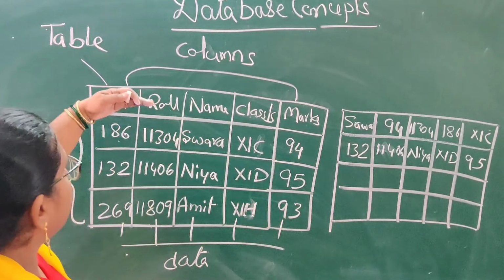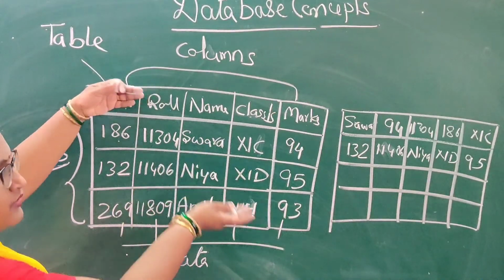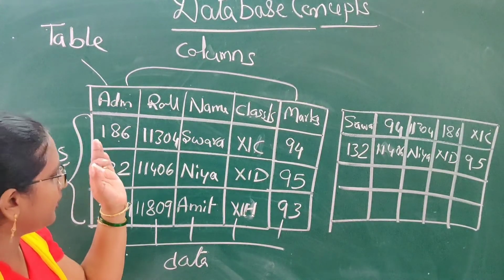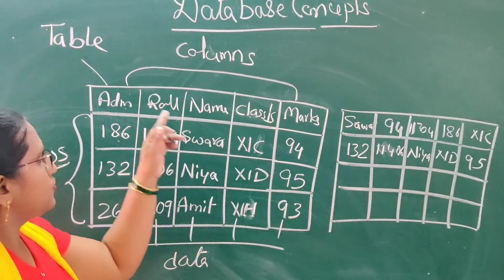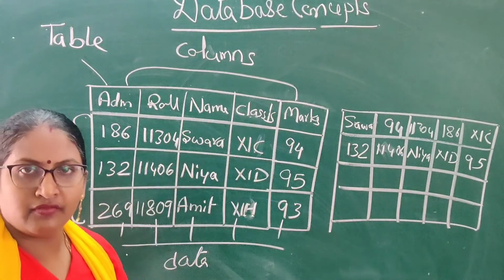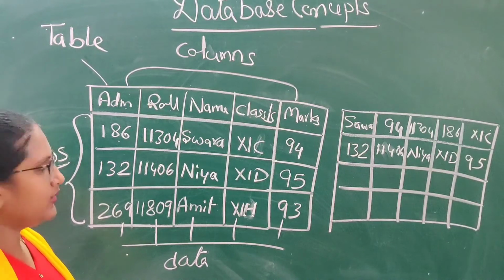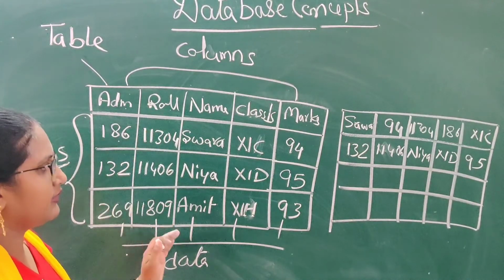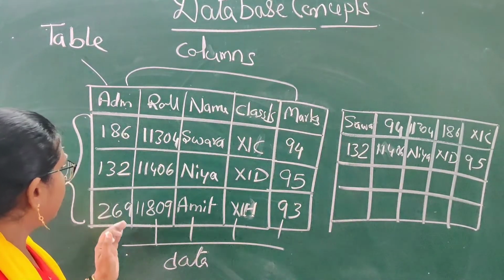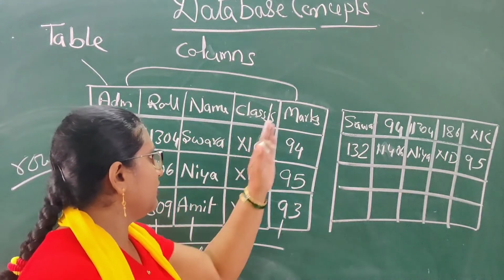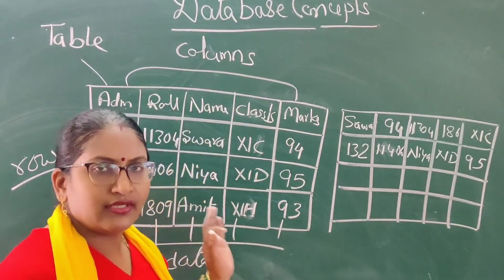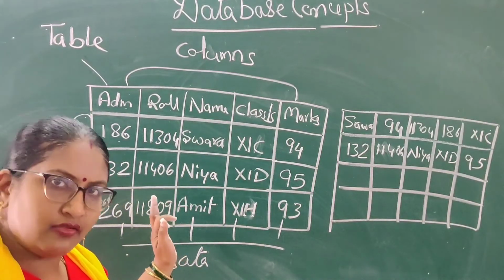If this is not written, then how can you say that this is your admission number? So we have given the names of the columns, and according to that you will write your details. Admission number under admission number, roll number under roll number, name under name, class and section, then marks. So this is your organized form.